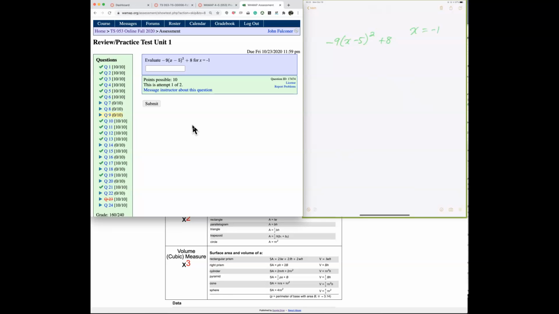All right, so again, just trying to think of ways that you can't make a mistake, that you'll be kicking yourself about later like I do. Learn from my hard knocks. We're going to substitute -1 in here in parentheses for every x we see, and there's only one. So -9 times (-1 minus 5) squared plus 8.